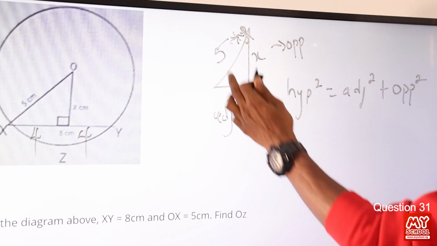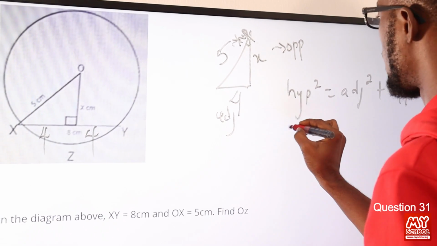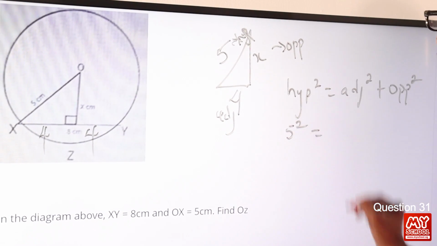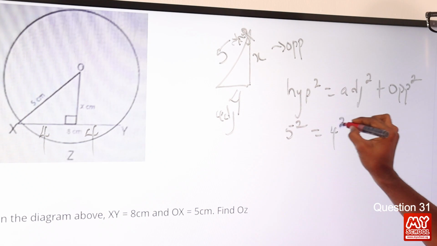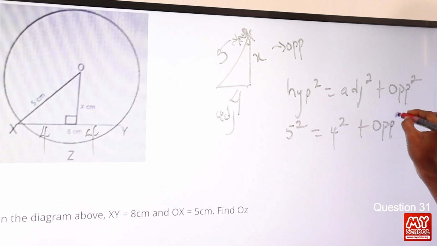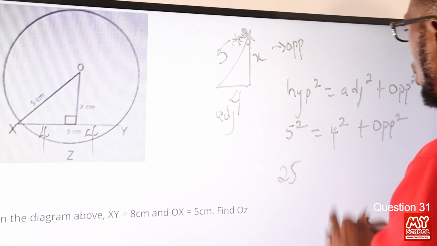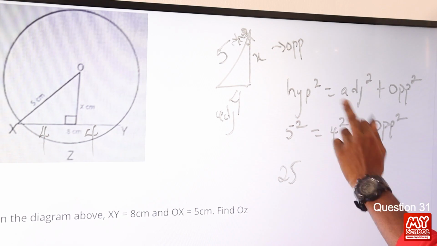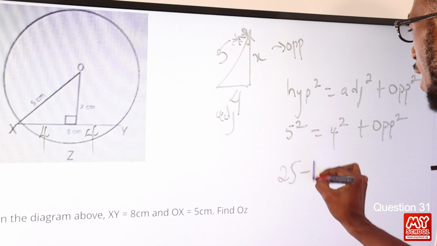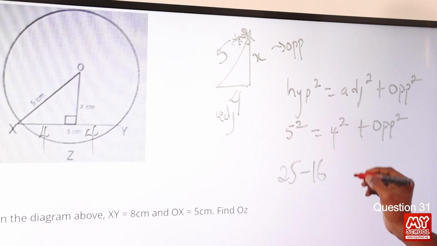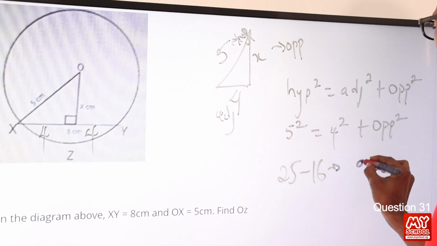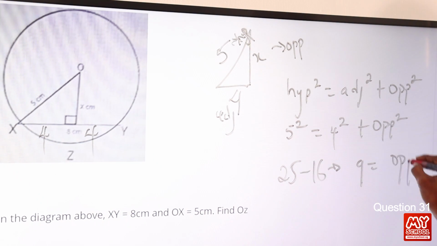So my hypotenuse is 5 square, that is 5 raised to power 2, equals my adjacent square, that is 4 square, plus opposite square. So basically I have my 5 square, that is 25. 4 square, that is 16. When it comes outside, it becomes negative, so I have minus 16. So 25 minus 16, I have 9. So basically I have 9 equals my opposite square.